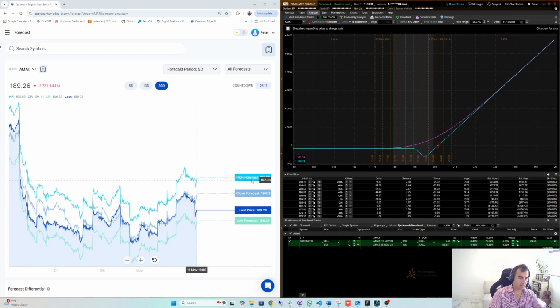But in the event that it does hit the high forecast of 198.66, you are going to be very happy because you're going to have 163 total risk, and here you're going to be positive 258. So that's a very high reward, low risk strategy. It's just that you need to be very cognizant of this theta decay over time. You will be losing money in this position.